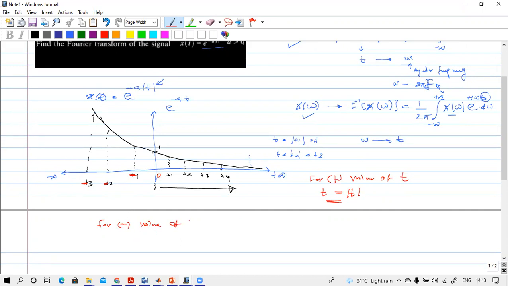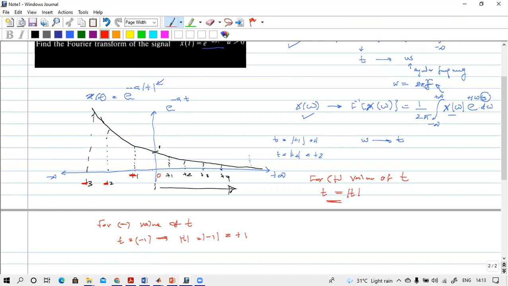For minus value of t, what is happening there? If t is equal to -1, this point, and you take the absolute t, that means you have to take the absolute value of -1. That means you will get +1.